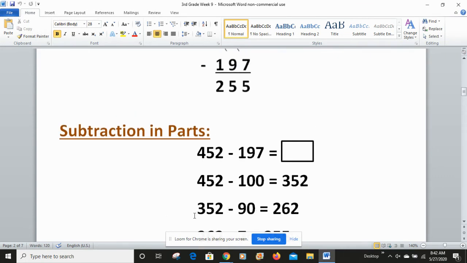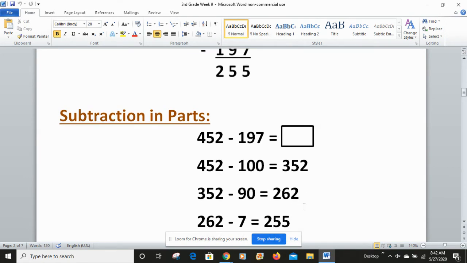Now I'm going to take that 352 and subtract the 9 tens, which would be 90, and that gives me 262. And then I take 262 and subtract my ones, and that gives me the answer of 255. So I get the same answer.